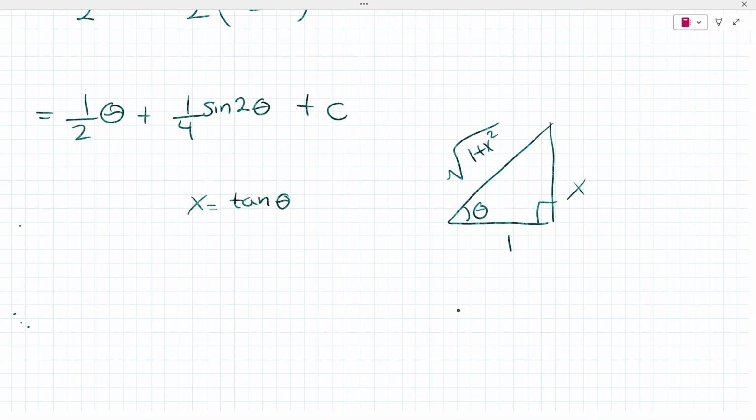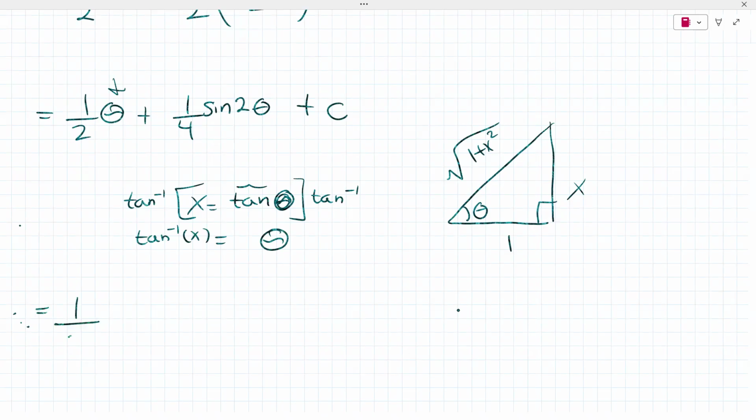We've got to solve for theta. How do we solve for theta? Got to get rid of this tan. To do so, we multiply both sides by tan inverse. So tan cancels, resulting in theta. Over here, this is going to be tan inverse of x.